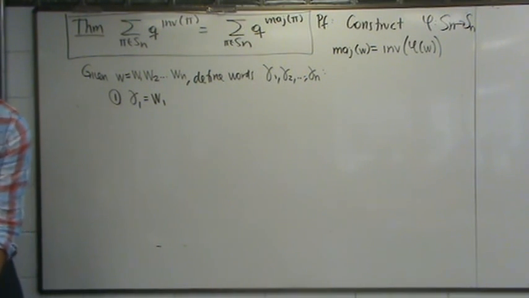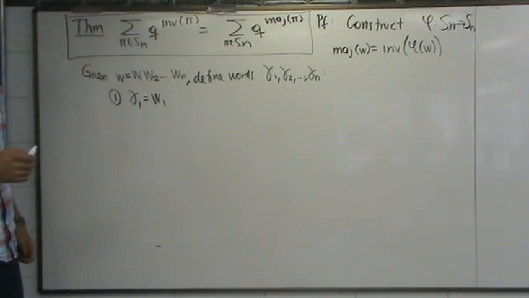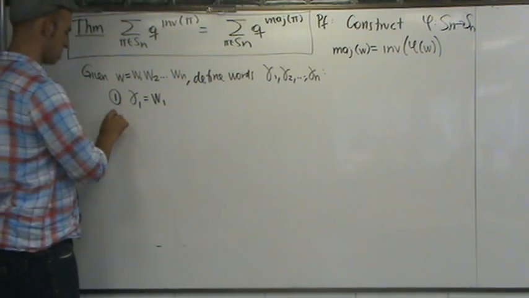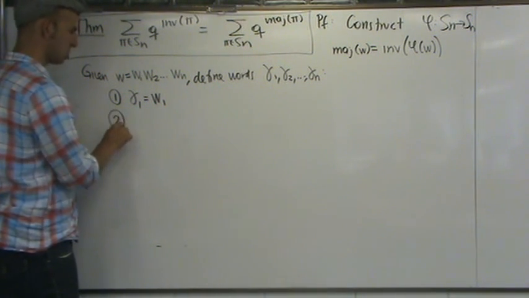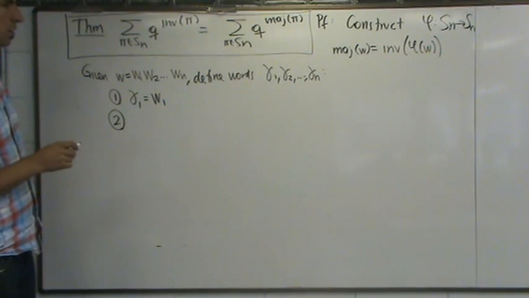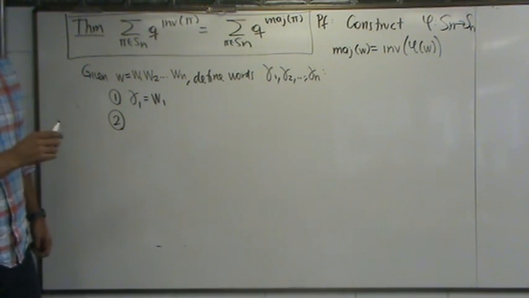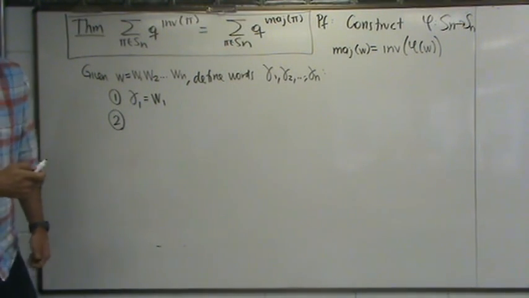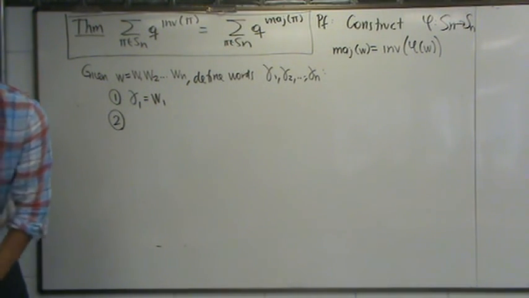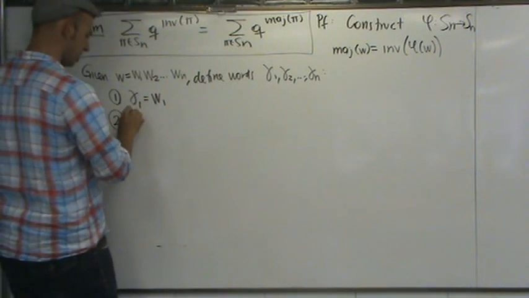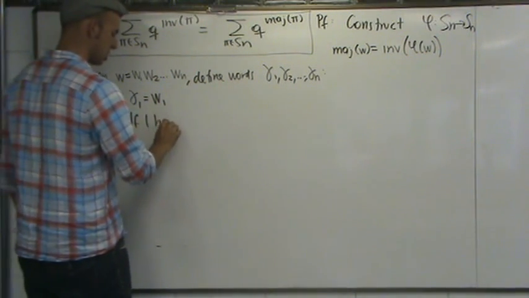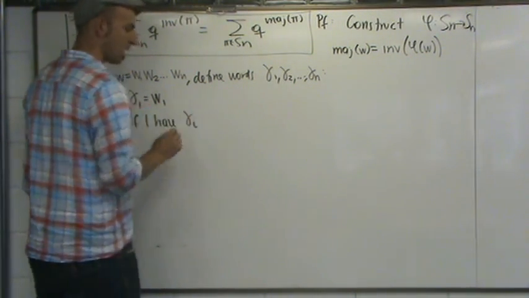And I'm struggling how to write this down on the board so it fits. But okay, so then once I have my ith word gamma i, I'm going to do the following thing.